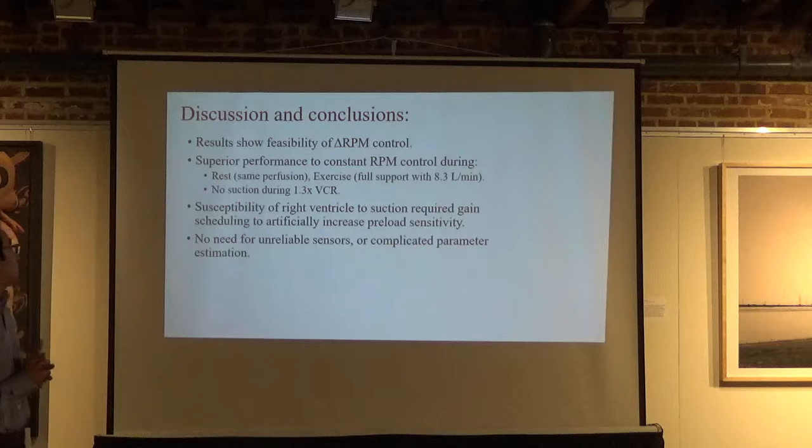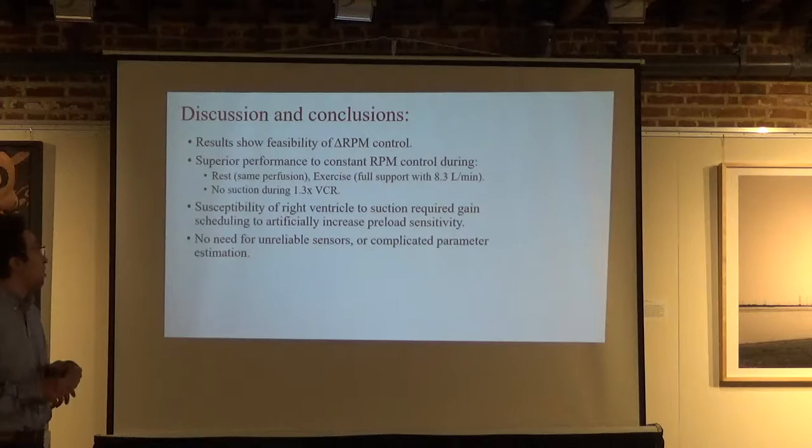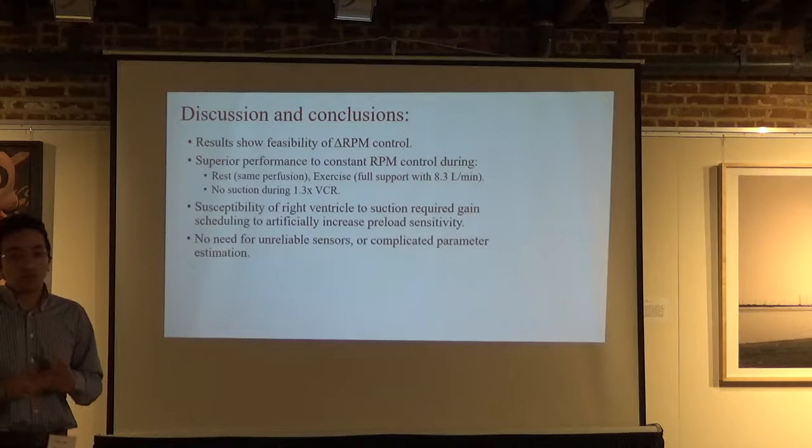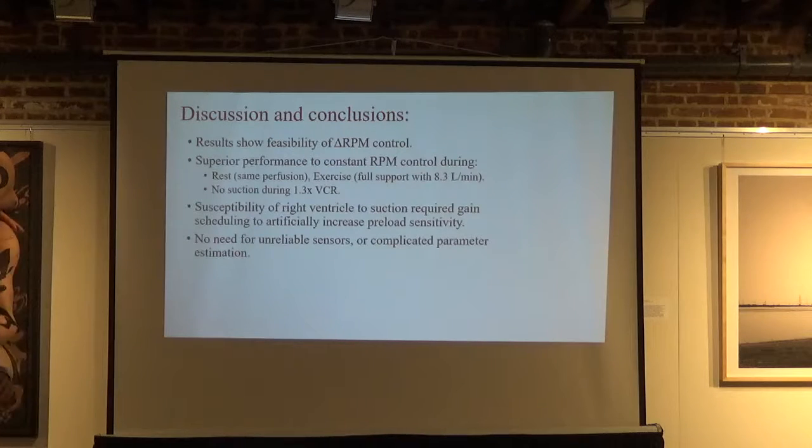So all in all, these results are promising, and they show the feasibility of using only a single delta RPM reference point to obtain both physiologic perfusion and avoid ventricular suction.